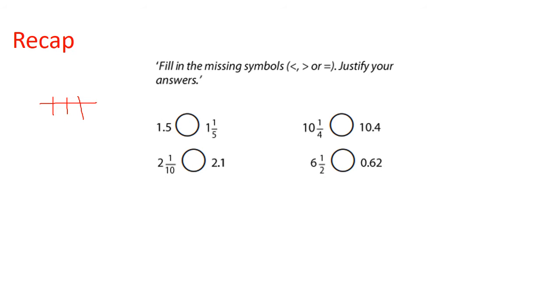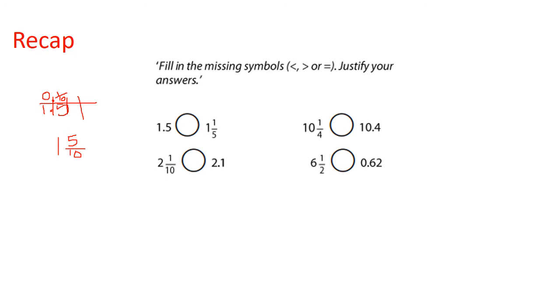Let's put our ones in here and our tenths are there. Don't forget to put your decimal point in as well. So we can put 1 and a 5 there, 1.5. So we know that the 5 is in our tenths column. So our 1, that's our 1 ones, and then our 5 we can write as 5 tenths.